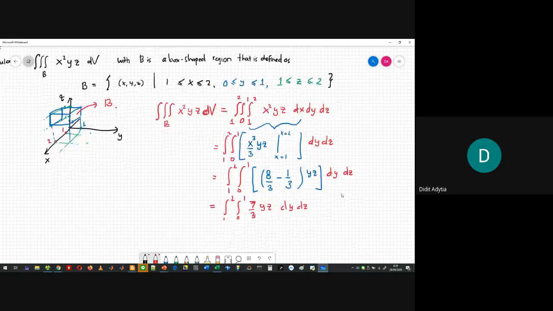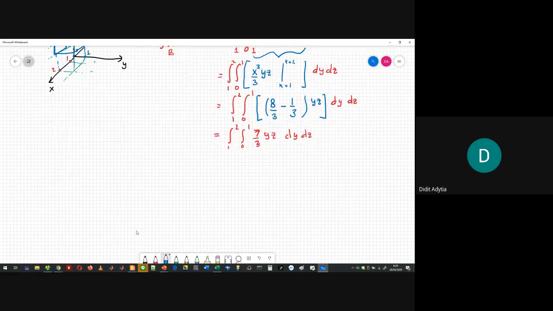Okay, now we solve again. Solve again this y. Okay, kita calculate lagi y yang di sini. Okay, dan ini adalah this is 1 over 2. Dan ini kita integralkan terhadap y. Jadinya apa? Jadi yang konstan kita tulis dulu yang konstan 7 per 3.